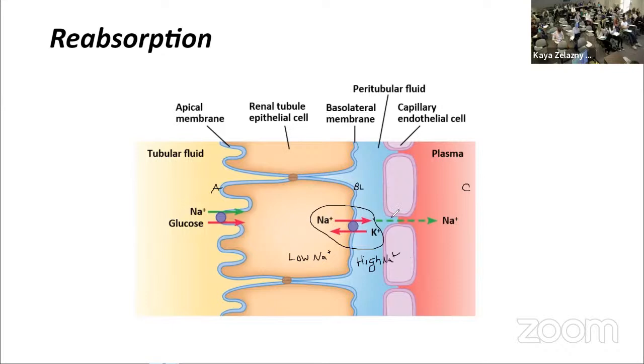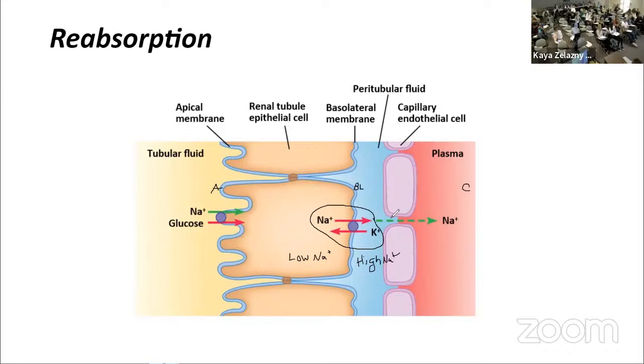Remembering our types of transport, we had passive transport, which meant molecules going down their gradients or along with their electrochemical driving force if they have a charge. We thought about that in A&P 1. So that means they go from high to low.